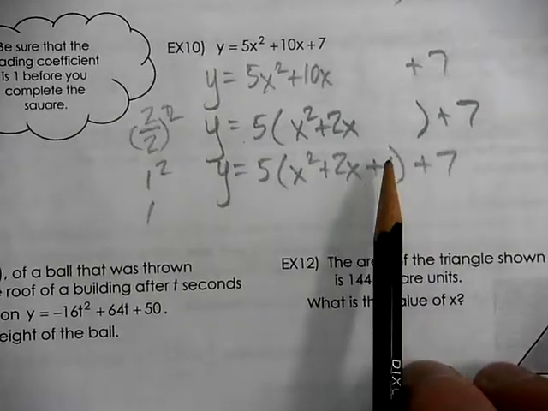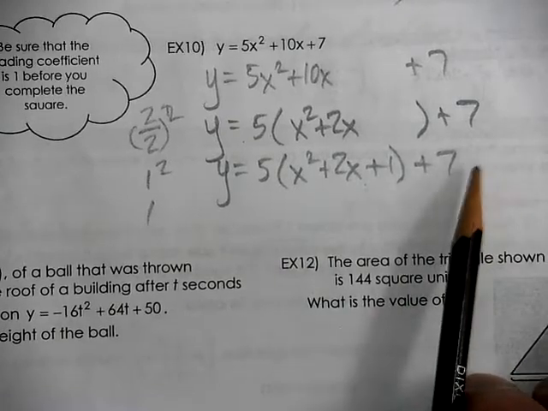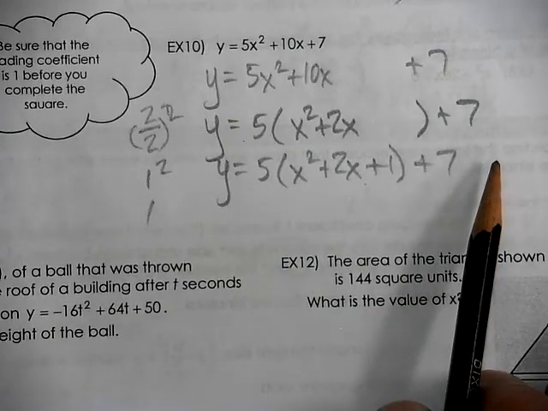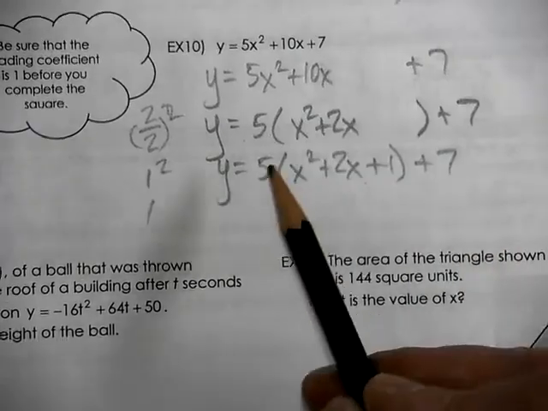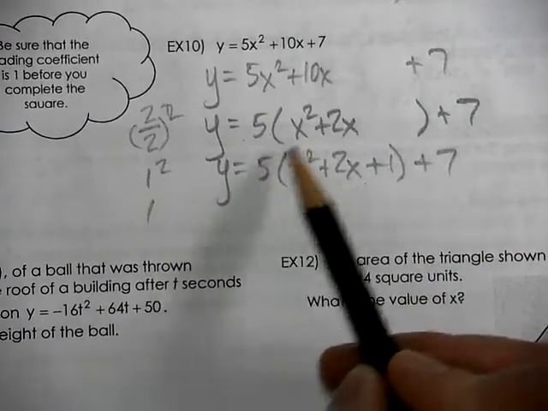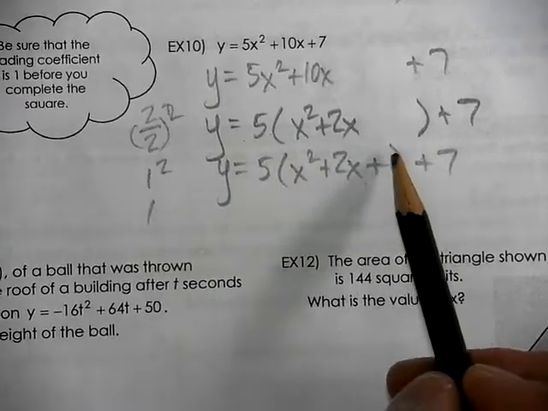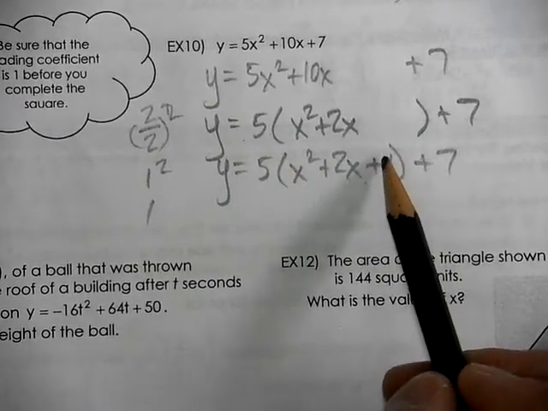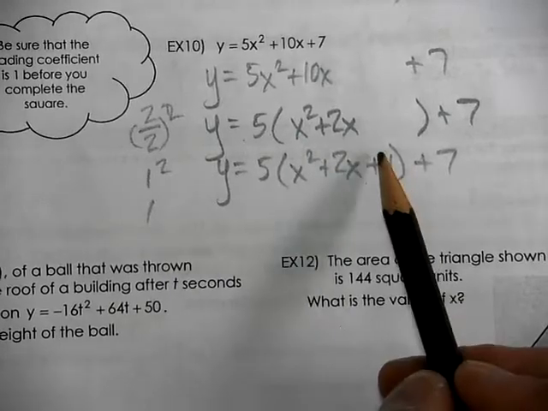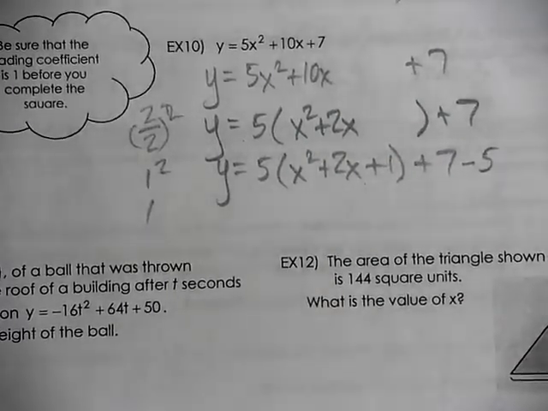If I put 1 inside the parentheses, what value do I have to subtract from this side? 5. Because a 1 is actually going to put a weight of 5 because of the multiplication to distribute. So making a 1 in here is really making this a 5. So I have to subtract the 5 to keep it balanced.